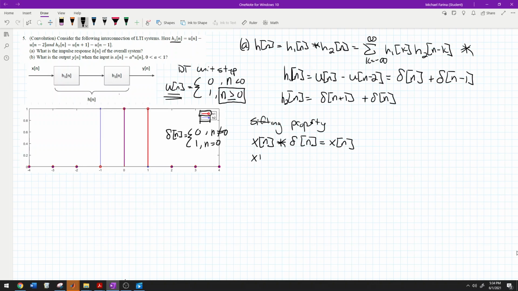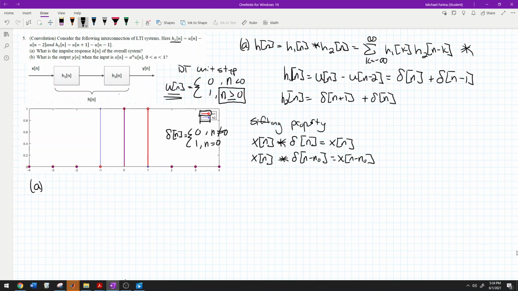And there's also x of n convolved with delta of n minus n sub naught, which is equal to x of n minus n sub naught. So for part A up here, we've redefined our h1 and our h2, and now we need to convolve those.